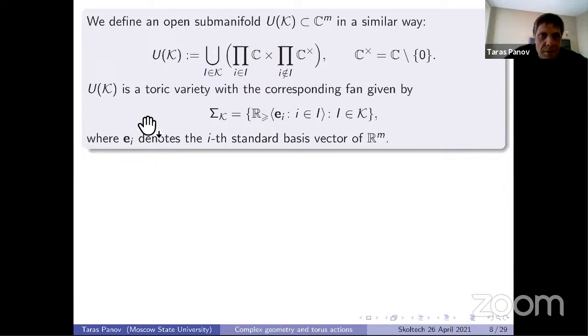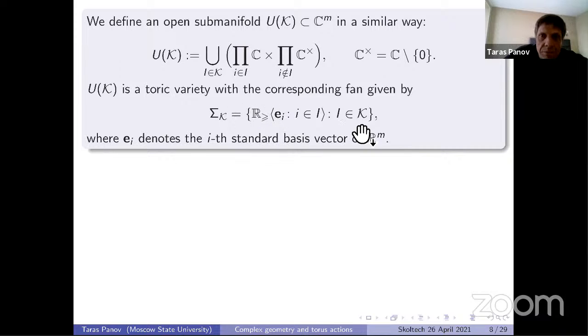And for those familiar with toric varieties, it's easy to understand what the corresponding fan is. The toric varieties are parametrized by what are called fans, collections of polyhedral cones in a real space. And for this particular toric variety, the fan consists of coordinate cones.